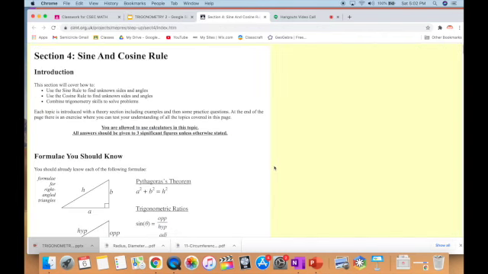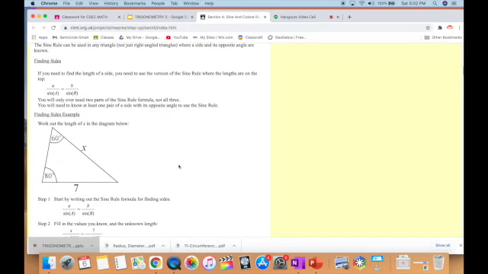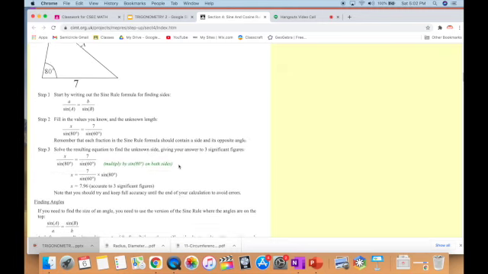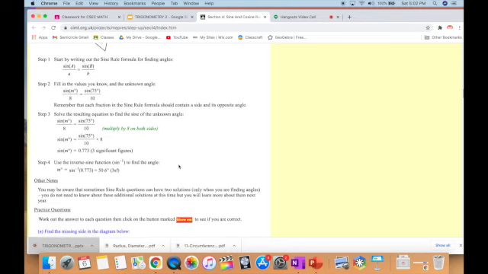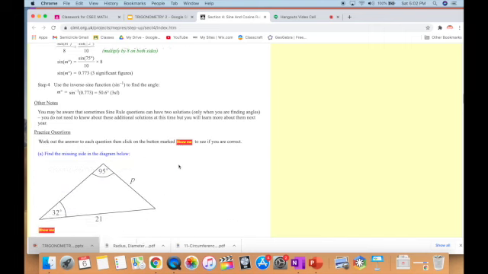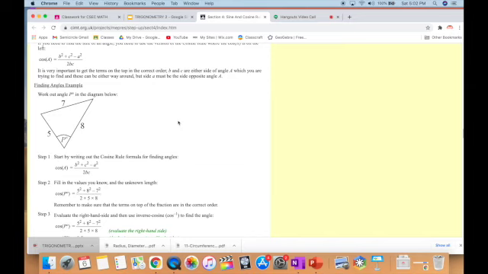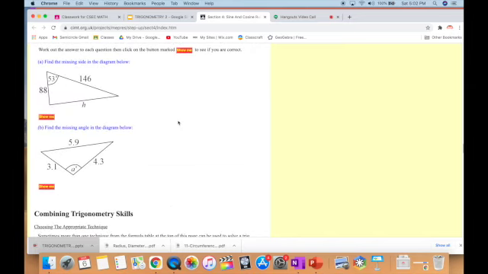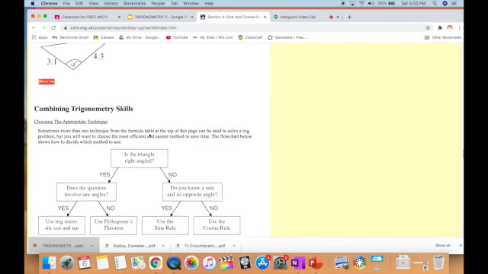This worksheet, let me see, what is this worksheet? Sine and Cosine Rule Introduction. Oh yeah, so this worksheet just has some examples going on here, right? So you could check out examples and notes on the sine and cosine rule, and it also has some practice questions coming down to the end.